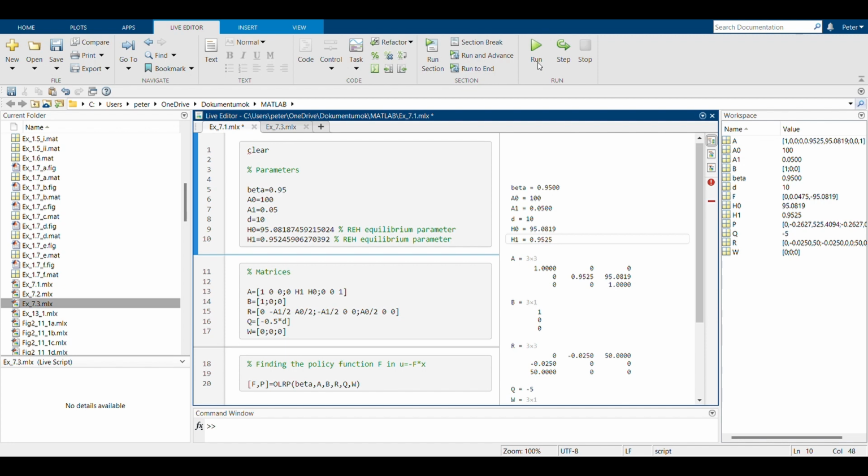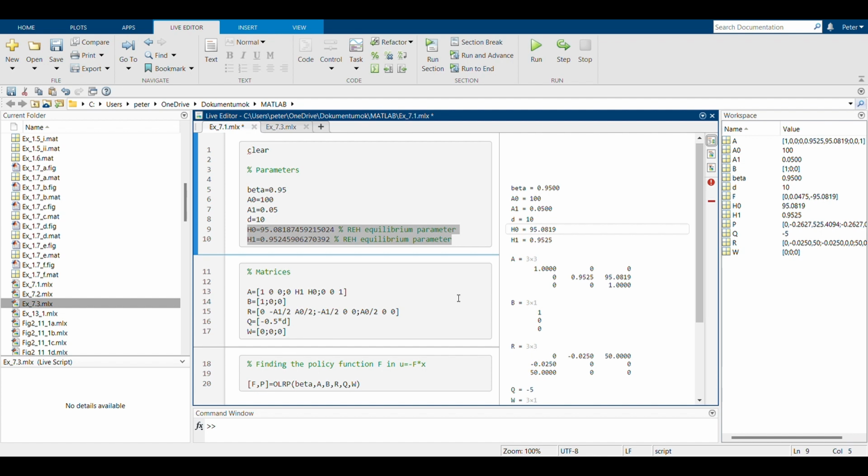We don't need to spend too much time solving this problem. I have already written the script. It's very simple. This is the script for exercise 7.1. I changed the exercise in one respect. Later, in a minute actually, you will see that these parameters are the rational expectations equilibrium parameters.